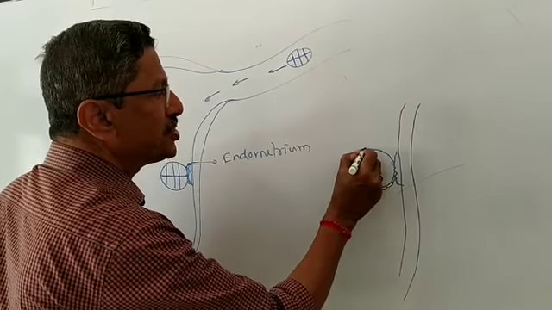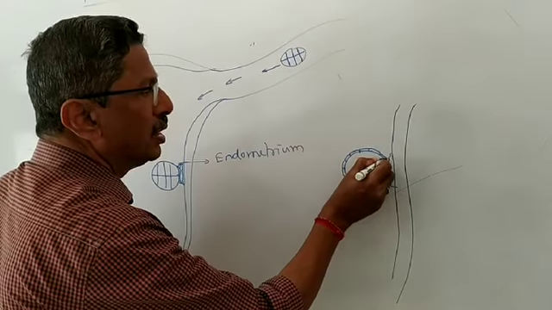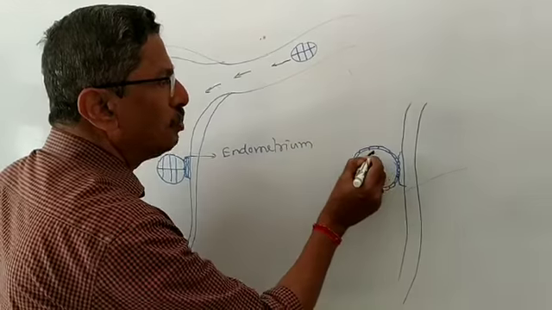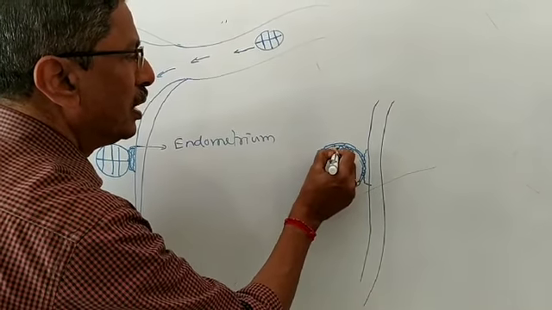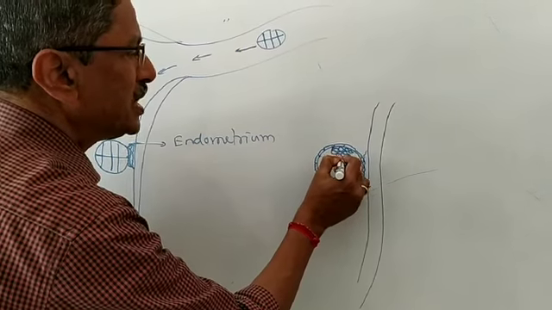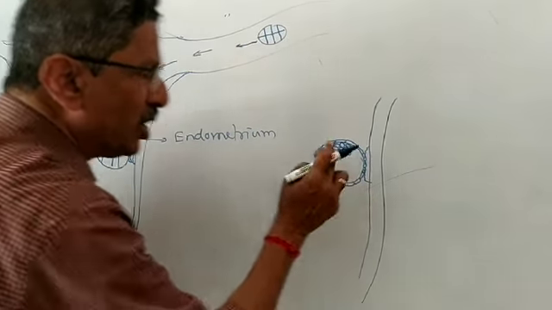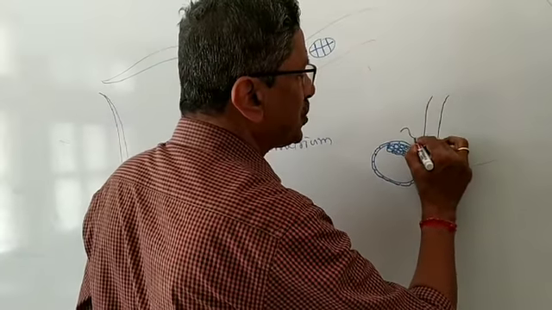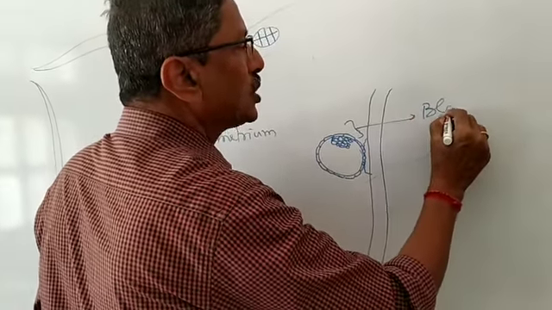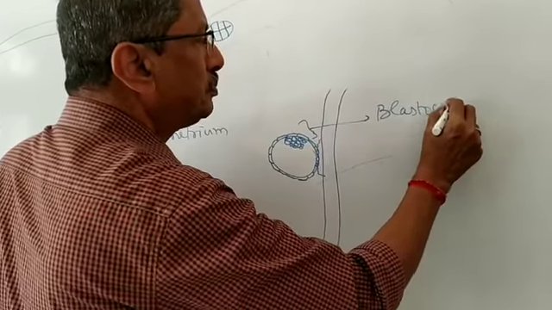All the cells are flat. Also, one mass of spherical cells will be present here, but the remaining place is an empty cavity. The whole structure is called the blastocyst.